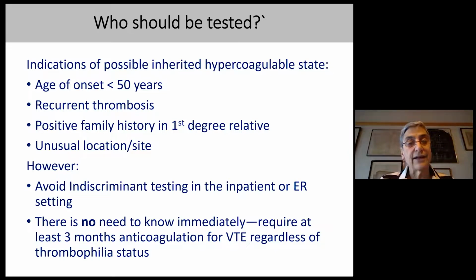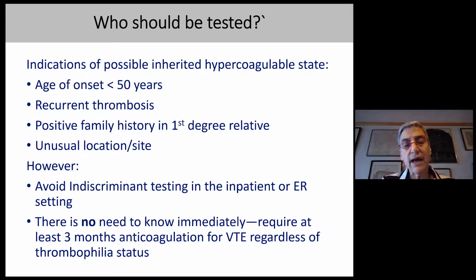Well, this is highly controversial. The indications for a possible hypercoagulable state are thought to be early onset of thrombosis in people under the age of 50, recurrent thrombosis, especially recurrent thrombosis when it occurs in the setting of adequate anticoagulation, positive family history in first-degree relatives, or clotting in unusual sites.